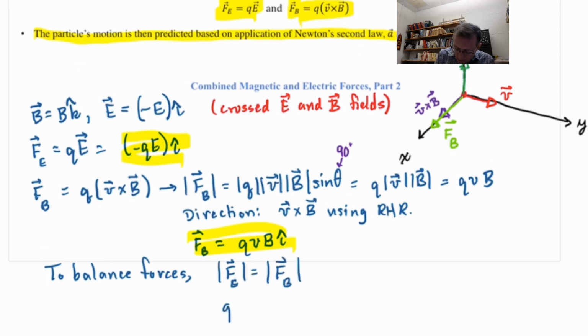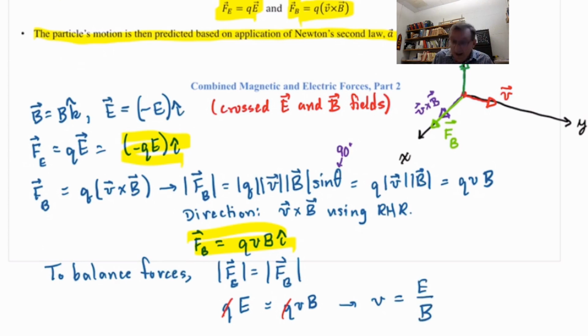So Q times E like that, which means the magnitude of the electric field, equals QVB. Again, everything is a magnitude. Of course, the Q's cancel, and what we'll do is solve this for V. That will tell me what the initial speed of the particle has to be in order for the net force to be 0.